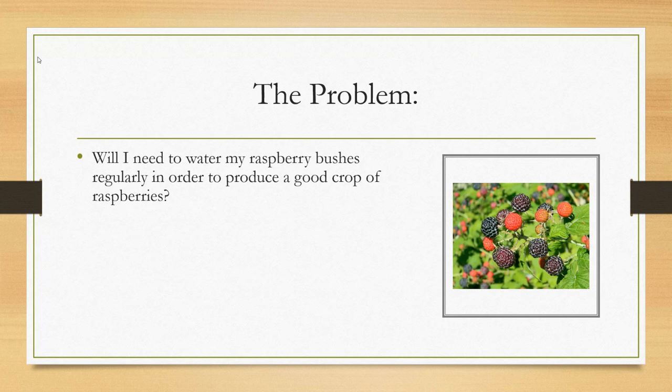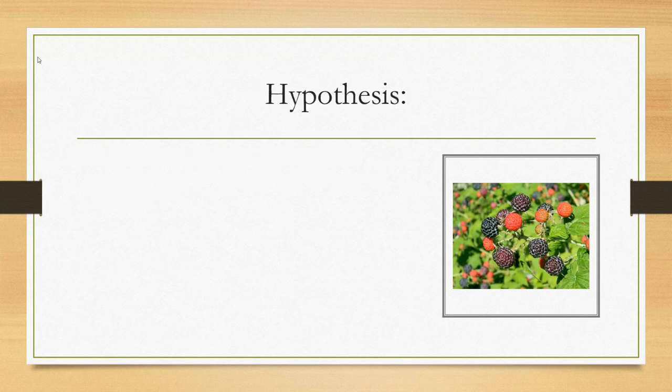You're correct. That question came from the observation. We can connect the question to the observation. The observation was about the research, and we're asking, do I need to water them more than just the regular rainfall that they'll get in order to harvest a good crop of raspberries?